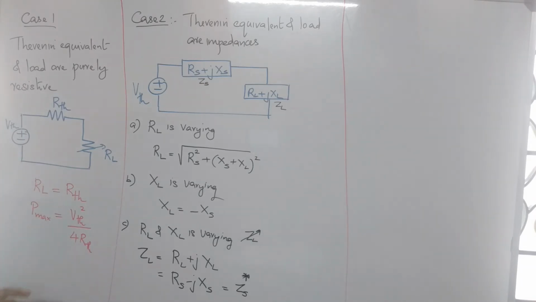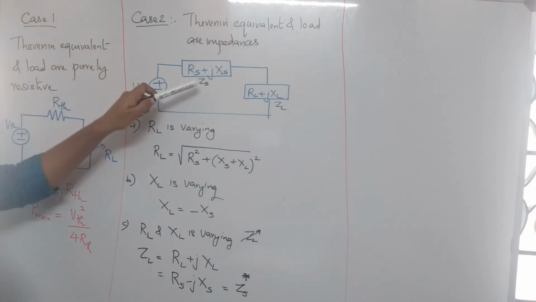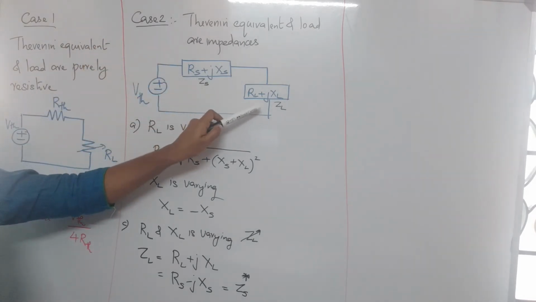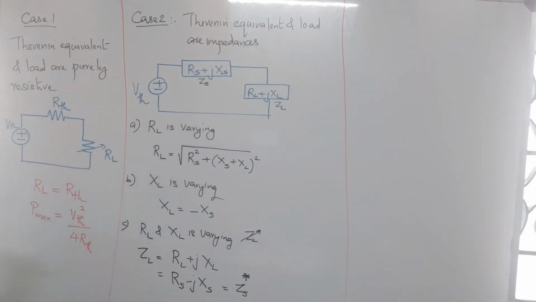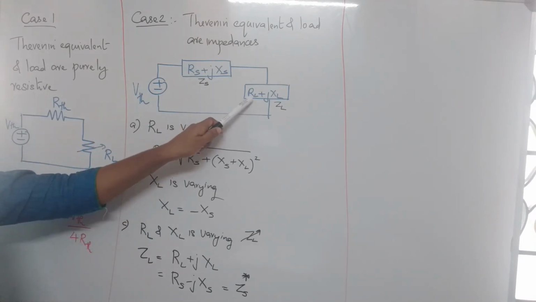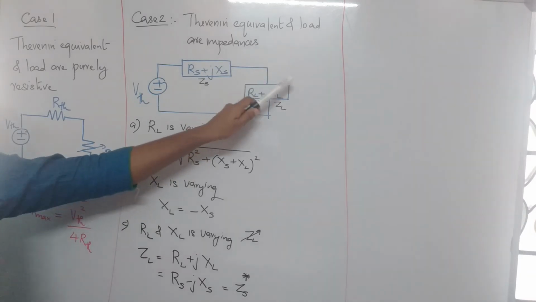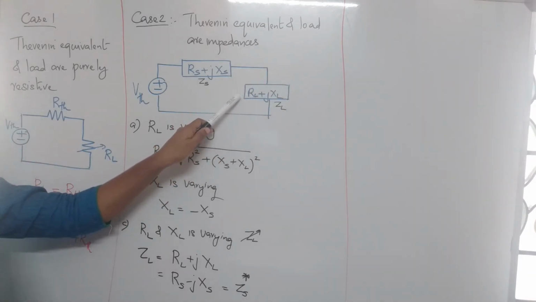The second case is both the source as well as the load are impedances. Now we'll consider the first case. The first case is RL alone is varying. In ZL, only the real part is varying.